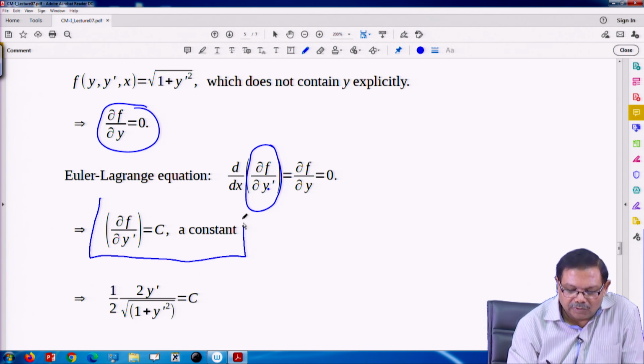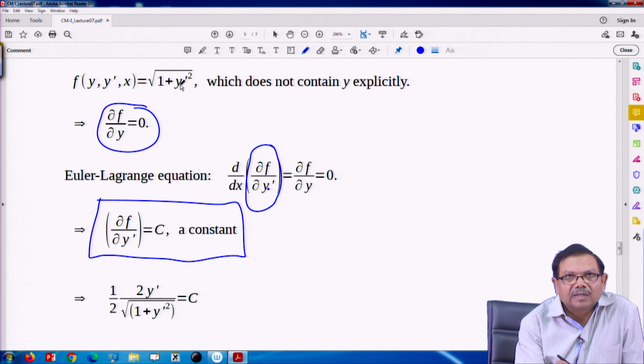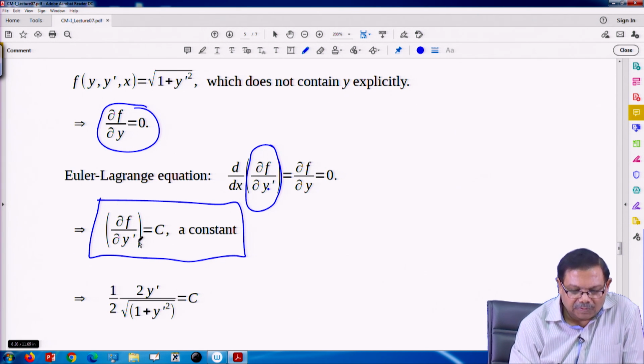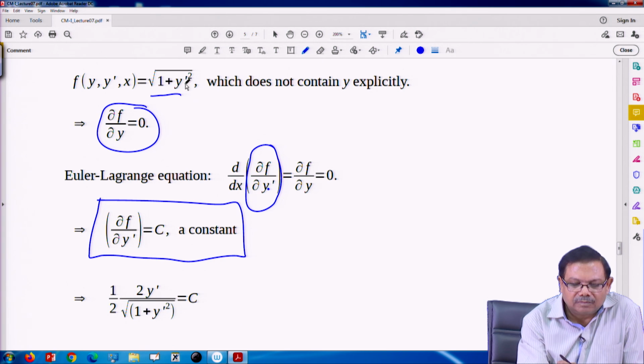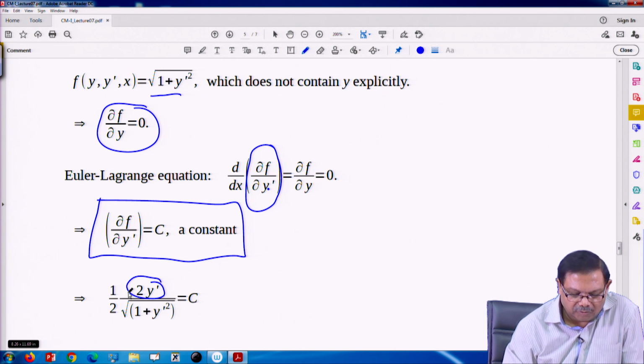So, this is a constant, and ∂f/∂y prime we can find from here. The function is root of 1 plus y prime square, so it would be half, times 1 upon root of 1 plus y prime square, times 2 y prime.